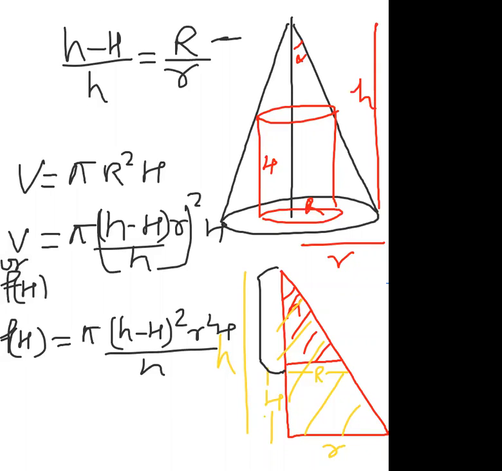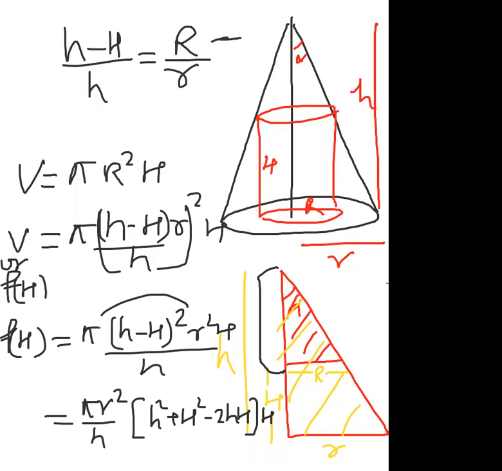Further, I could open the bracket: pi r square upon h square, because these things are constant, times h square plus H square minus 2hH, into H. This becomes pi r square upon h square times h square H plus H cube minus 2hH square. Now we need to do its differentiation.